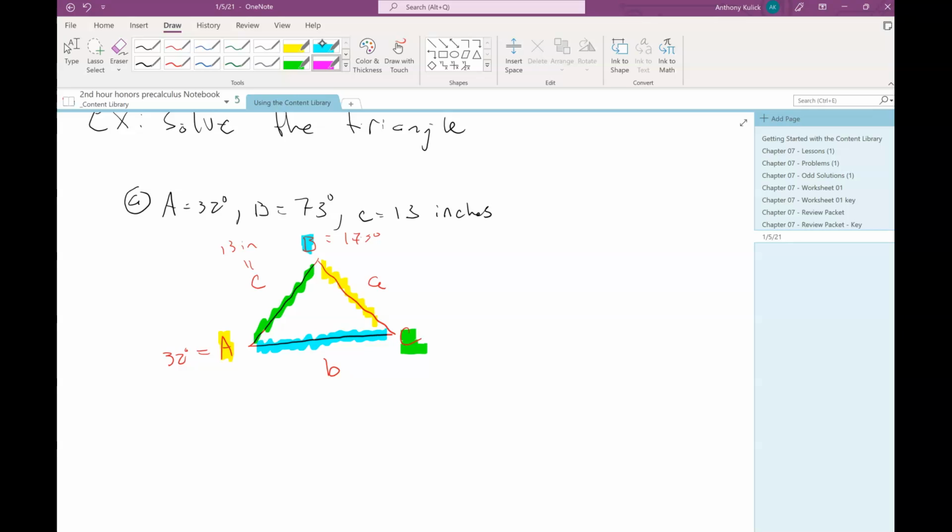Why? What is the difference between angle angle side and angle side angle? Angle side angle, the side is in between the two angles, right? So that side in angle side angle is an arm on both angle A and angle B, right?